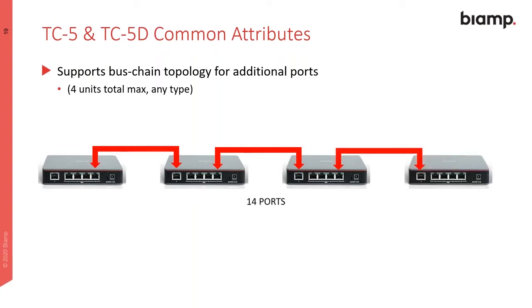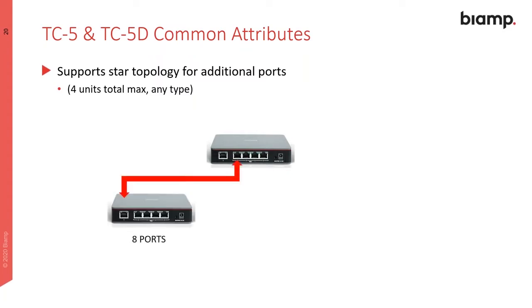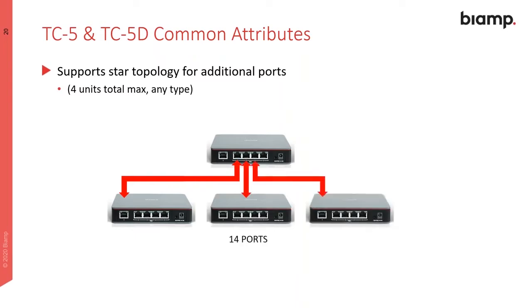We can support up to 14 ports if you daisy chain or bus chain TC5s. It also supports star topology, and keep in mind that you can connect up to 4 units in total in that case. So if you chain 2 TC5s, you will get 8 ports, while if you do it with 3 switches, you will get 11 ports. While with 4 switches, you will have at least 14 ports.